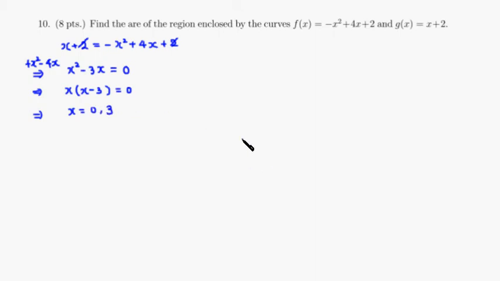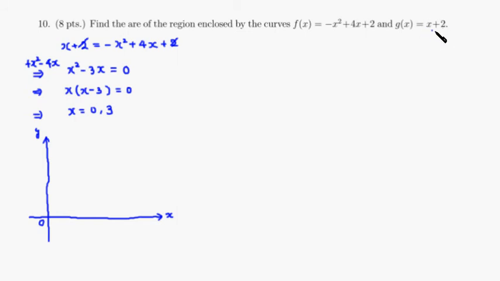Let's sketch a ballpark picture. I'm going to draw the x-axis here, and here is the y-axis. It's not very straight, but that's all right. Let's draw g of x, which is a straight line.